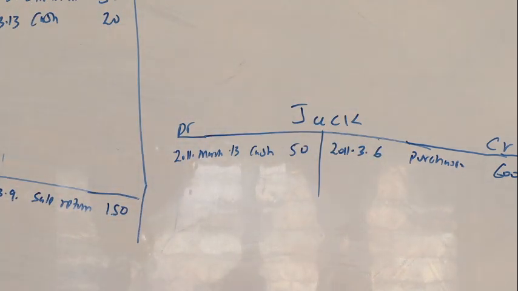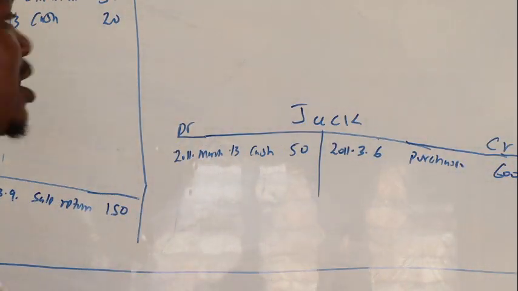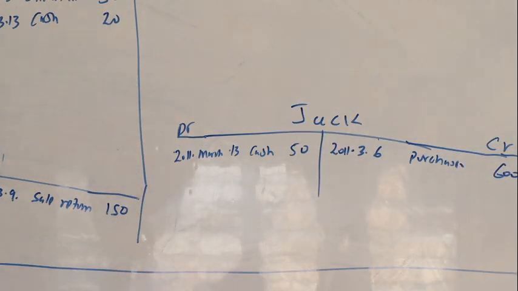Then we have general ledger, which records sales account, purchase account, and returns outward account.